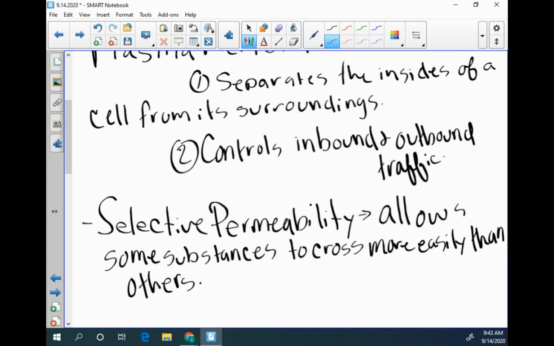You will talk more about selective permeability in your hybrid assignment for tomorrow. In fact, it is all about selective permeability, so be on the lookout for that.